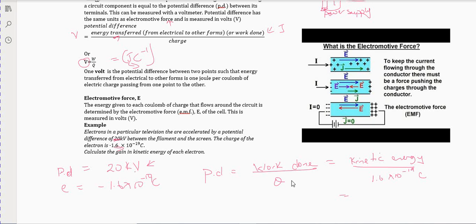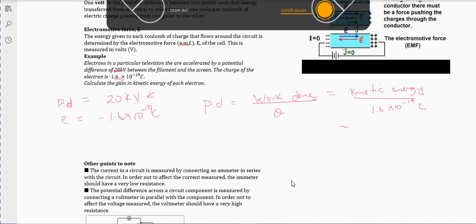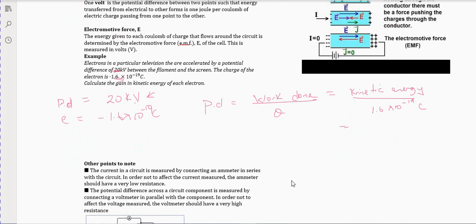Let me rewrite this. So PD times e, which is the charge of an electron, 1.6 times 10 to the minus 19, is equal to the kinetic energy.